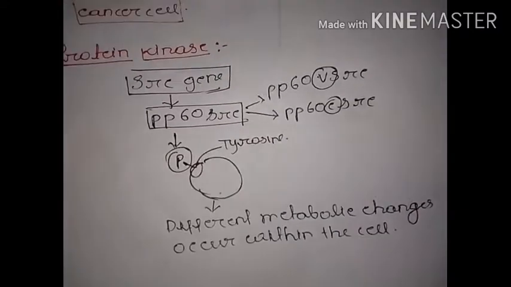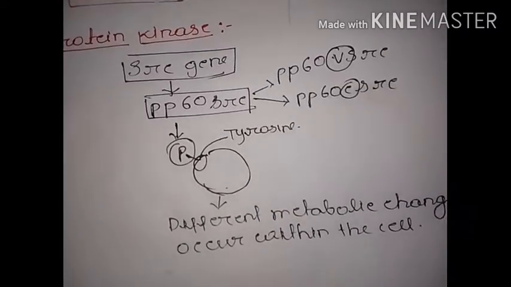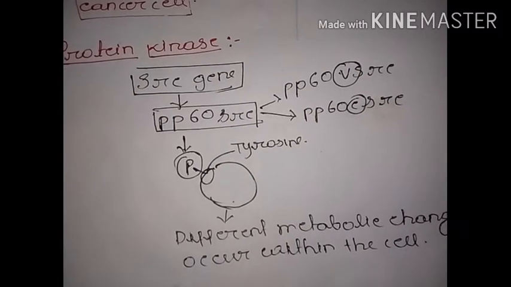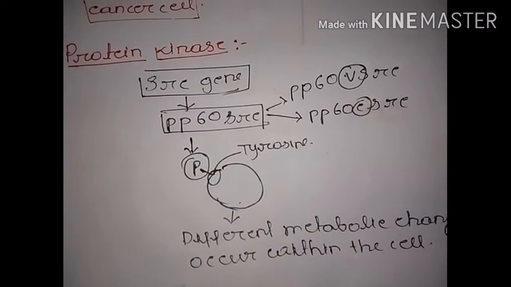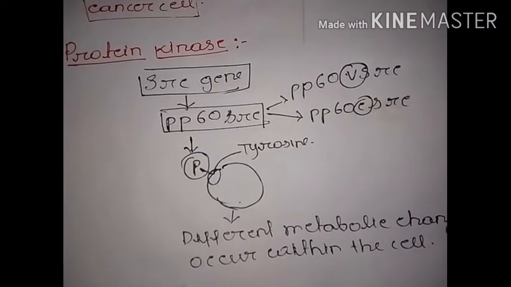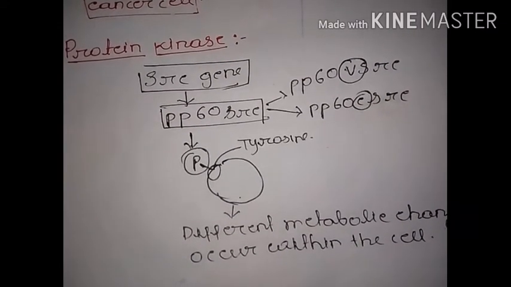So SRC and other tyrosine protein kinase coding oncogenes might transform a normal cell into a metabolically different cancer cell.